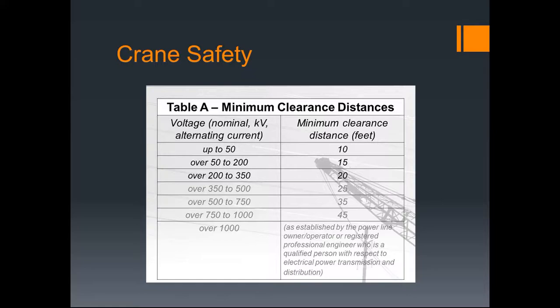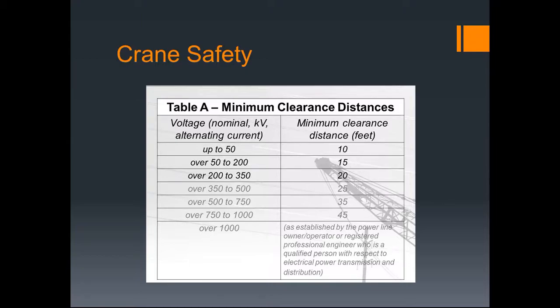And 45 feet is the minimum distance for voltage 750 to 1000. With this table, you're not going to know the exact distance you are from the power line, but you need to make sure that you have a really dedicated spotter who is cautious and lets you know clearly and effectively how close you are to that power line.